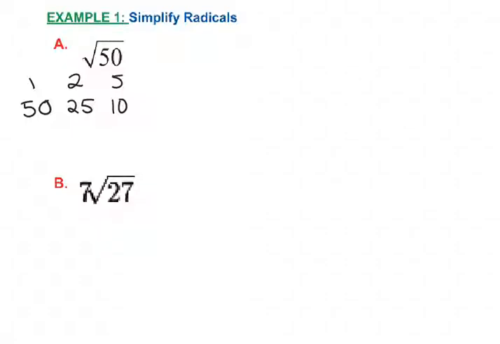Those are the factors of 50. In this list, which number is the perfect square? Look at your list on the front page. 25 is the perfect square. So we're going to use the factor pair 2 and 25. So 50 is 25 times 2.